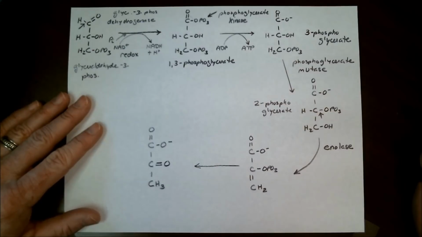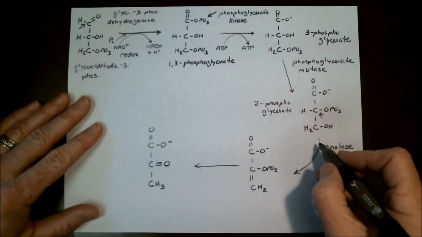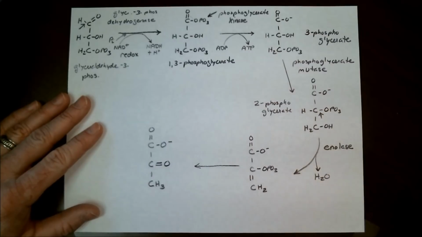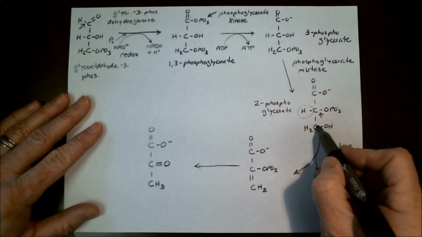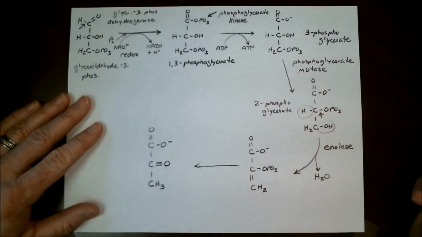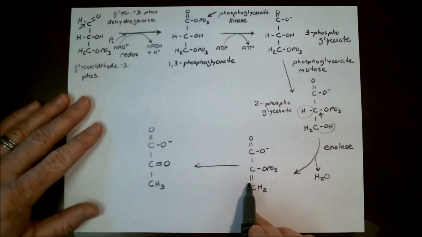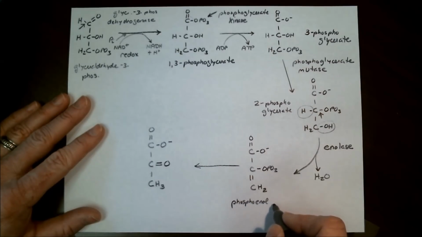And so what we are doing here is essentially introducing a double bond between the number 2 and 3 carbon by removing water. So we are essentially removing this hydrogen, this hydroxyl group, to form water, and collapsing the electrons in to form a double bond. This structure is called phosphoenolpyruvate.